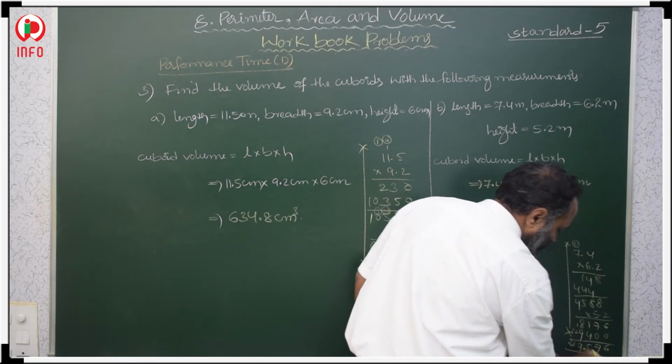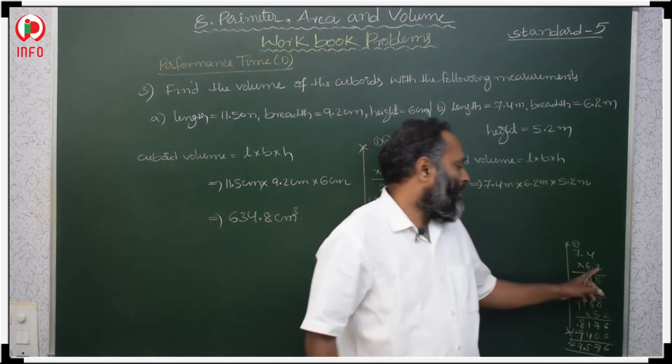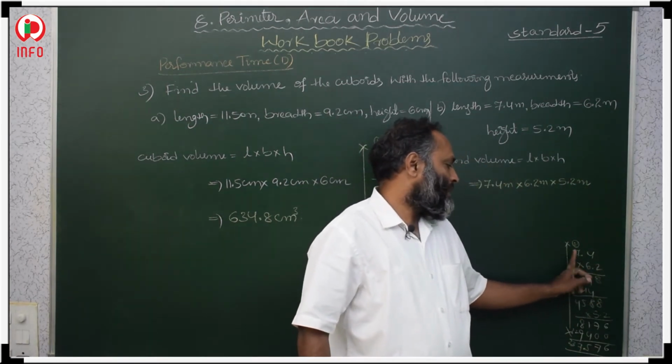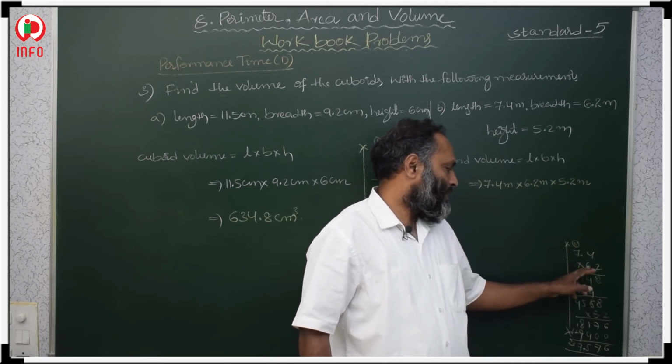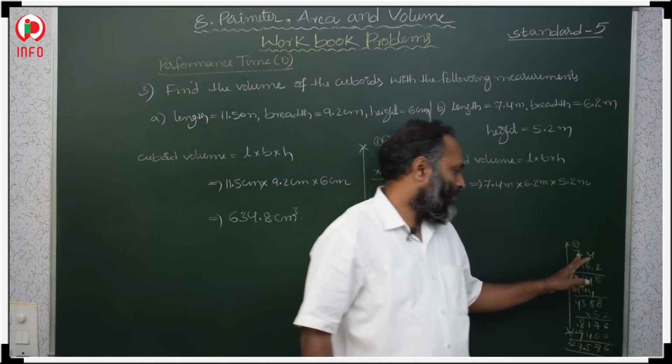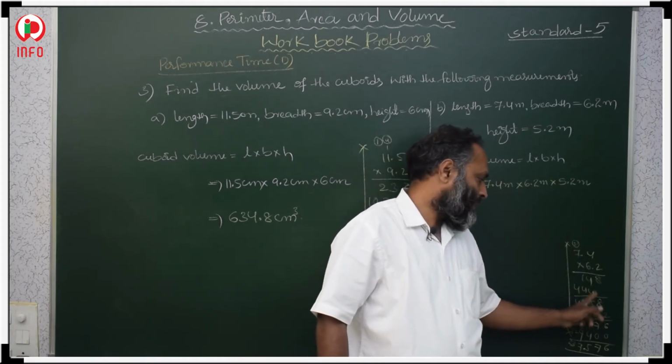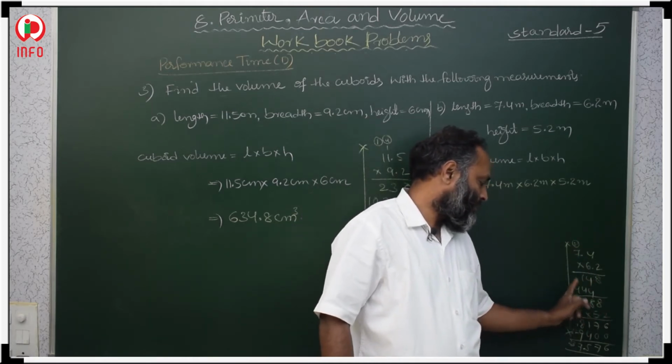Once you check the multiplication again: 2 4s are 8, 2 7s are 14, 6 4s are 24, 6 7s are 42, 44, then 8, 8, 5, 4.